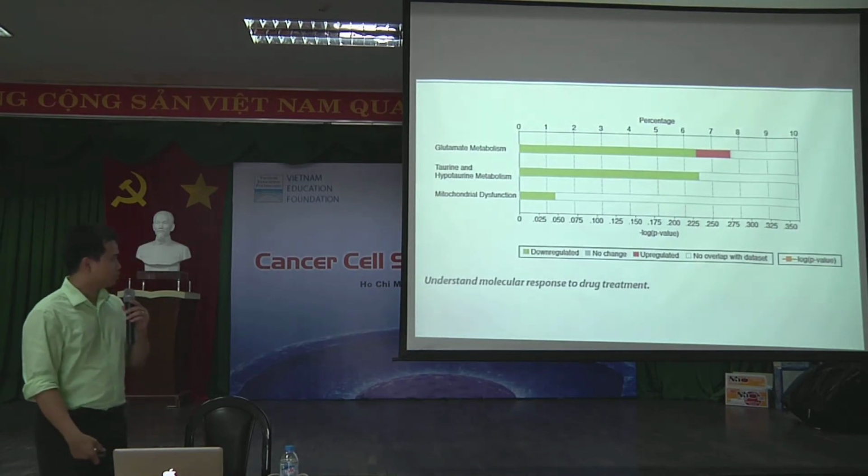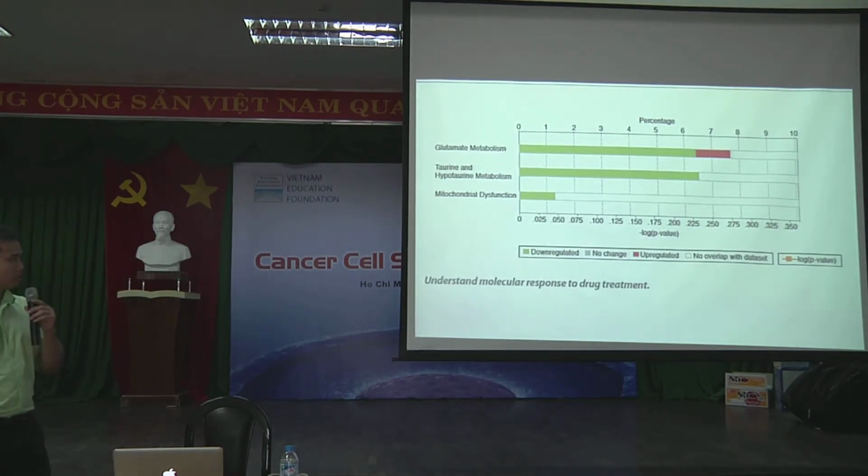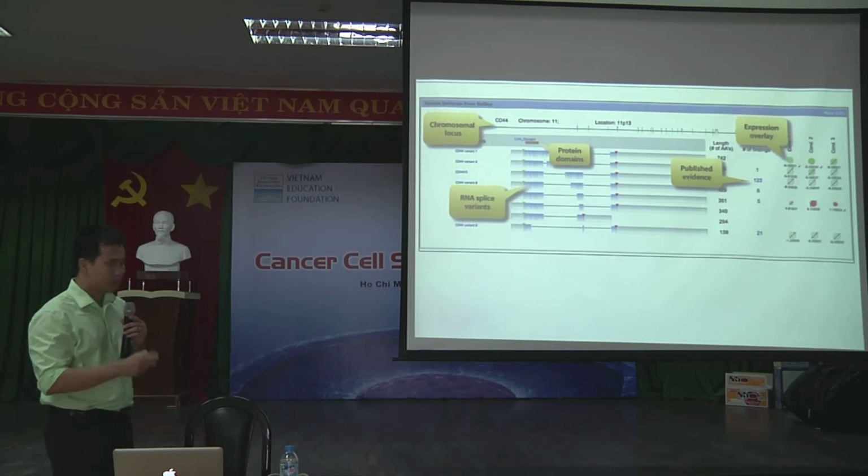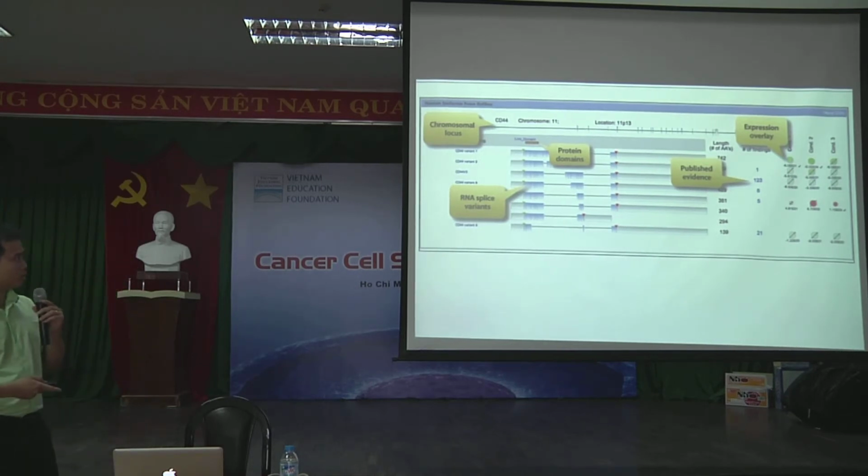IPA can also be used to study the response of the cells to drug treatment as well. For example, in this case, they check the downregulation or upregulation of glutamate metabolism, or taurine or hypotaurine metabolism, or mitochondrial dysfunction, etc., when they treat the cells with drugs. IPA can also analyze genomics data as well.